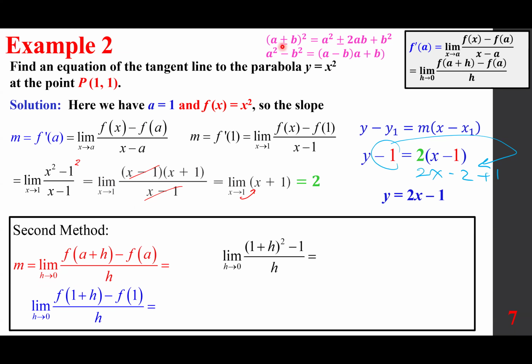And (a plus b) squared is a squared plus 2ab plus b squared. Therefore, 1 squared is 1, plus 2 times 1 times h, 2h, and then h squared. 1 and negative 1 cancel each other.